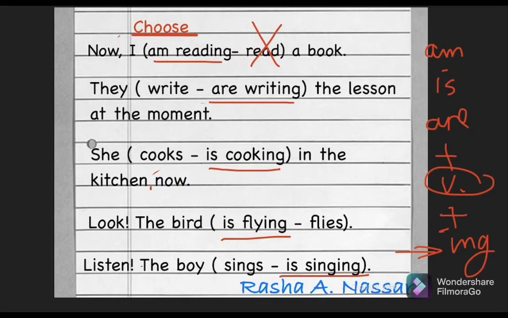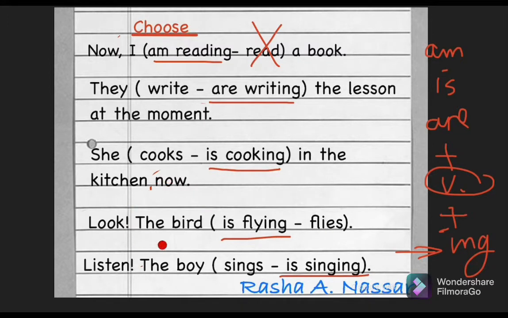Number 4. Look, the bird is flying or flies. I have the word "look." Look is a key word of the present continuous tense. So I will read it: the bird is flying. It's not "the bird flies."